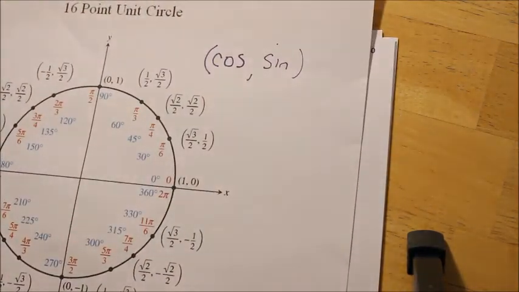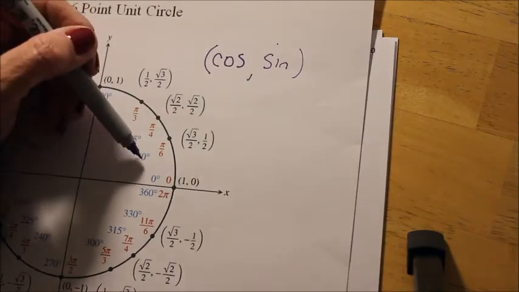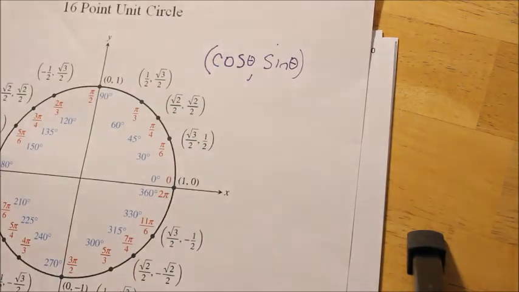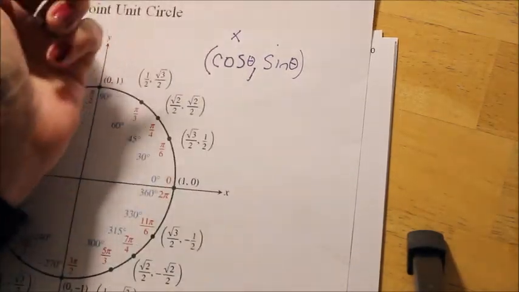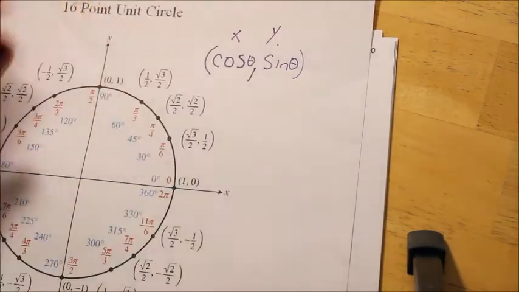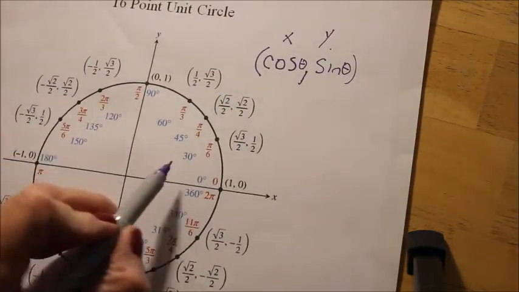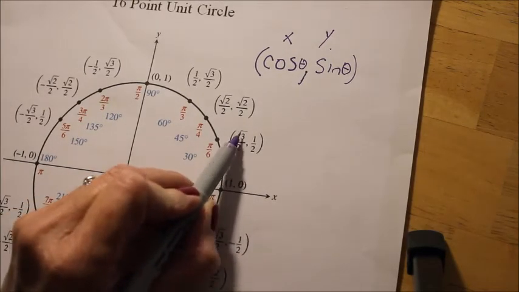Okay, so cosine of theta, it could be 60, 45, 30, and your sine. So each of these, and this is like a coordinate grid, so your x's are your cosines, your y's are your sines, okay?